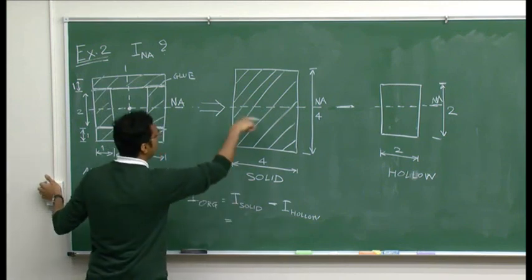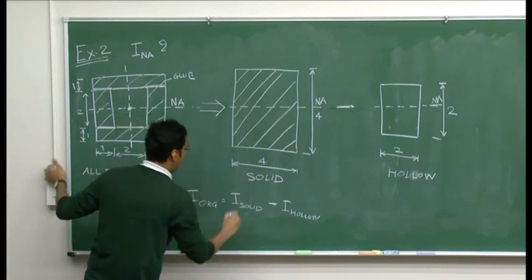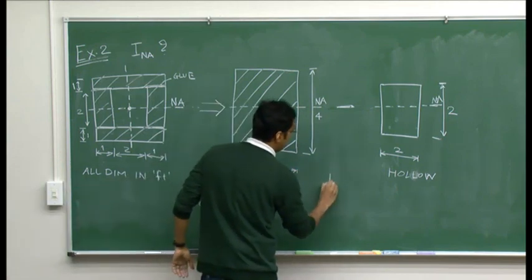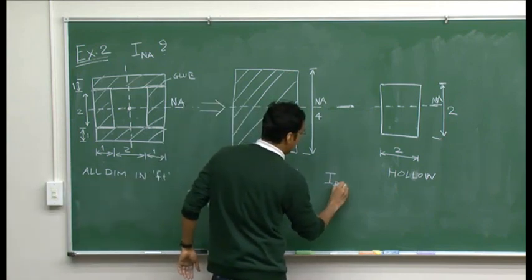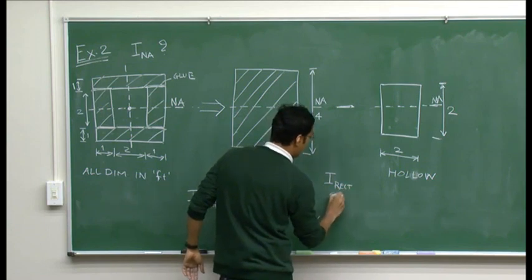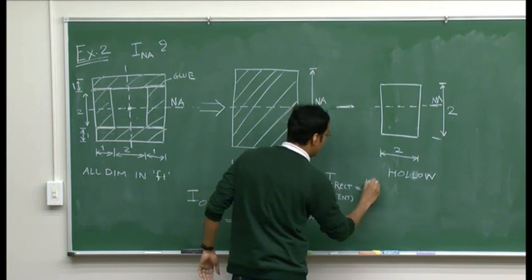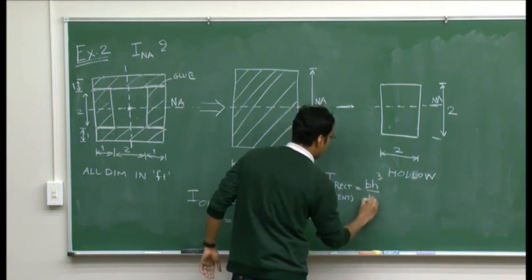The moment of inertia of a rectangle about its own centroidal axis is given by, let me write, I for a rectangle about its centroid is bh cube over 12.